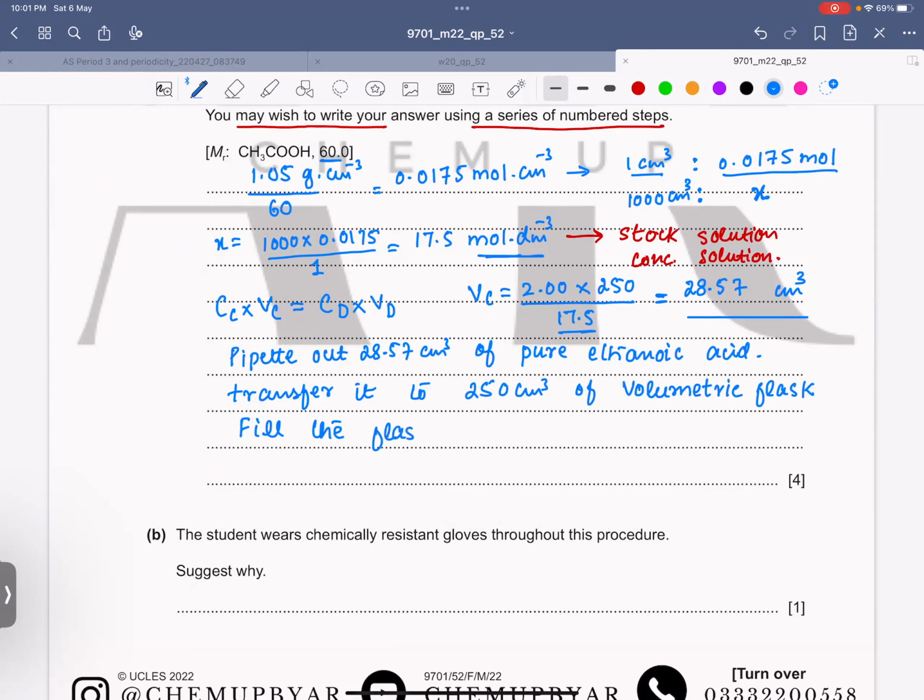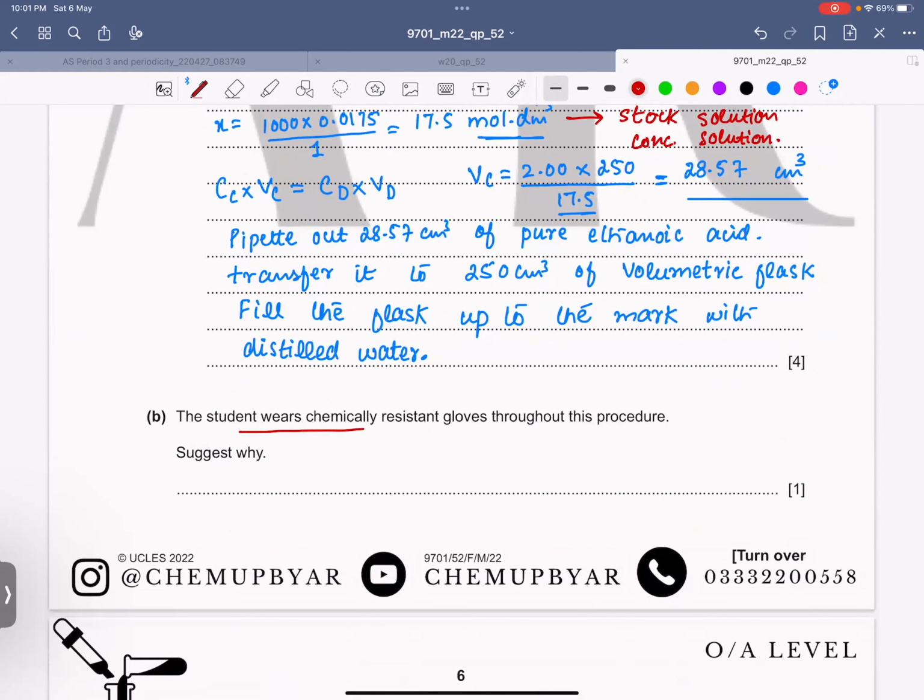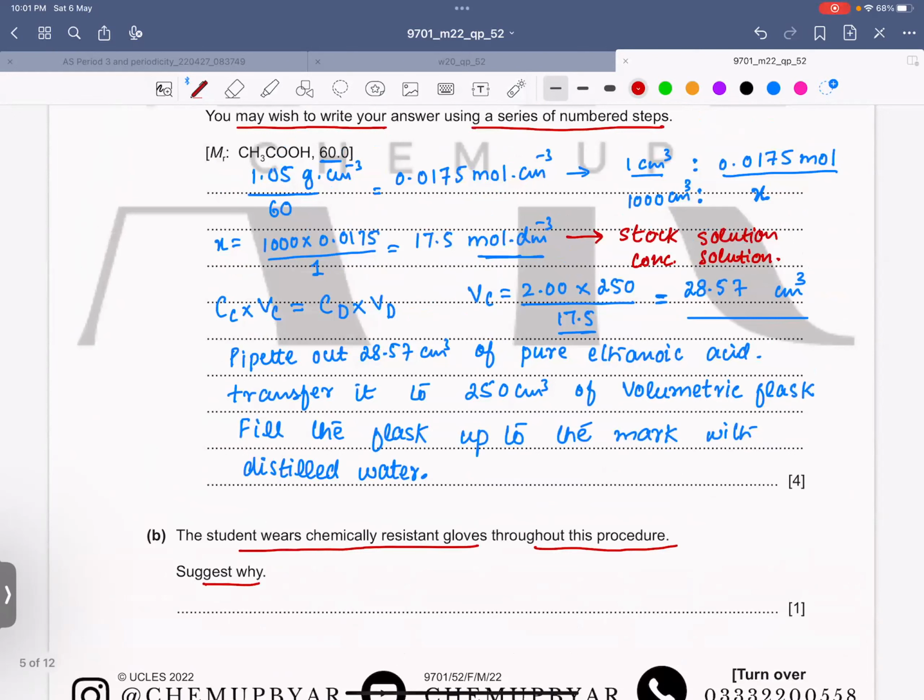The student wears chemically resistant gloves throughout this procedure. Suggest why. Why were the chemically resistant gloves worn by the student?